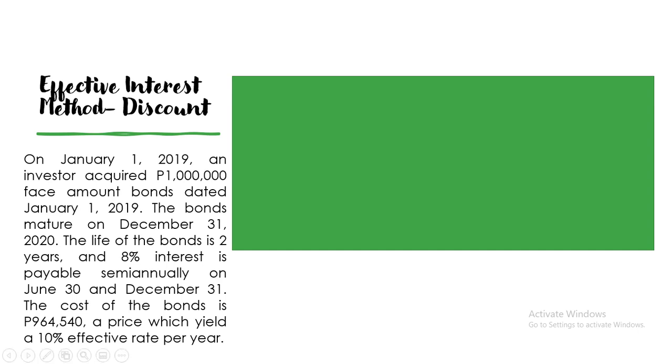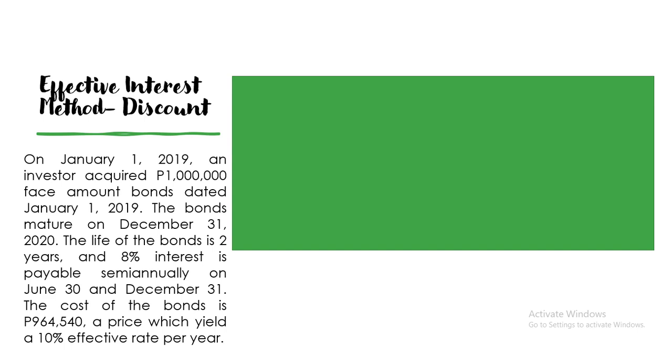And if you take a look at the face amount versus the cost, the face amount is higher than the cost. Therefore, the bond is issued at a discount, because the cost is cheaper than the total face amount of the bonds.